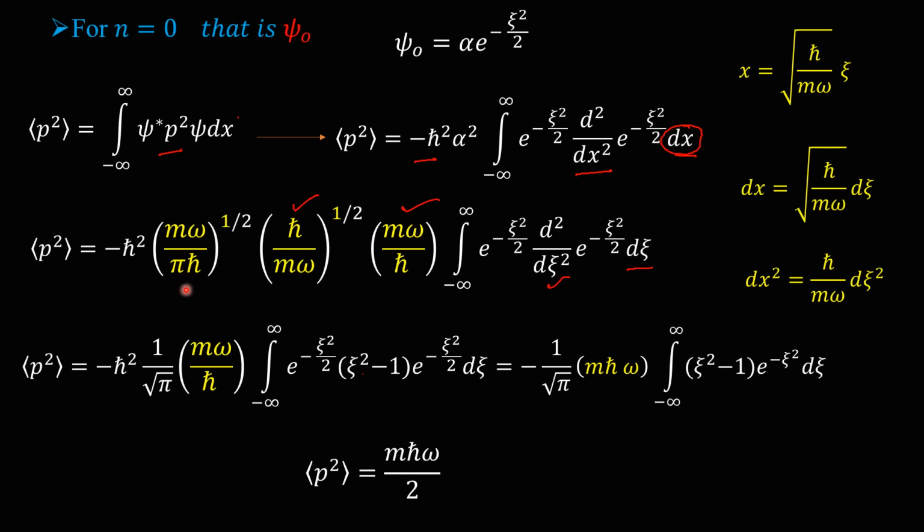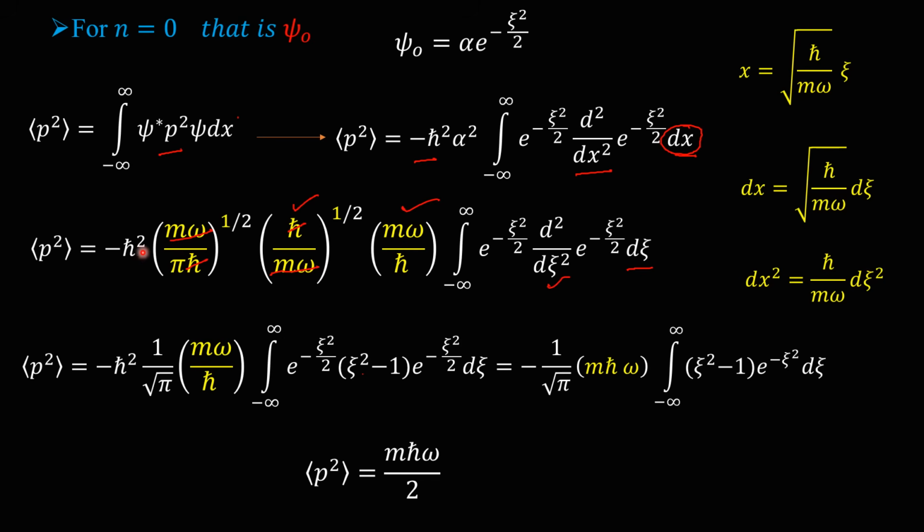So you know that alpha squared, we have already seen so many times, alpha squared is m omega over pi h cross power half. Now you can cancel some of the terms. M omega power half will get cancelled with this m omega power half, and this h will get cancelled with this h.